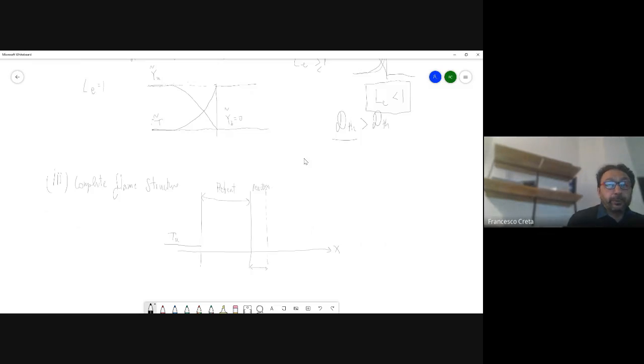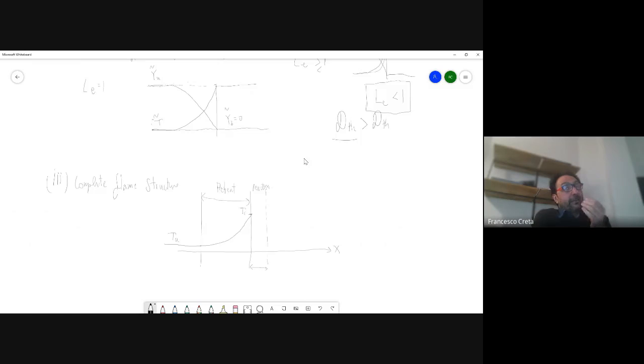an unburnt temperature. By diffusion, the temperature will increase. Now you see that at some point, it will reach a value which we call Ti. Now, why I? Well, because you know that reaction rate is activated only when the temperature is quite close to the maximum temperature, right?